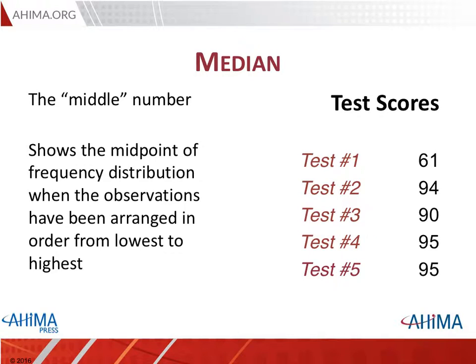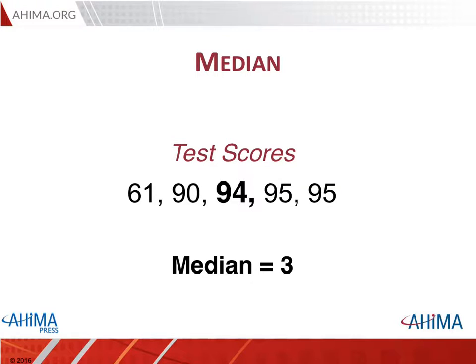In this example, we are going to use the same data set, our test scores. However, this time we are going to calculate the median for our data instead of the mean. To calculate the median, we do not have to add up the scores. We simply have to put them in order from lowest to highest. We would report all scores even if there is a duplicate.